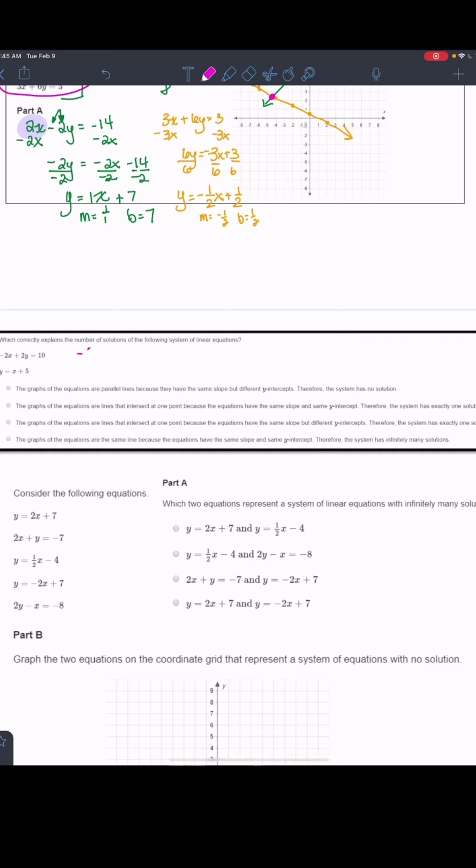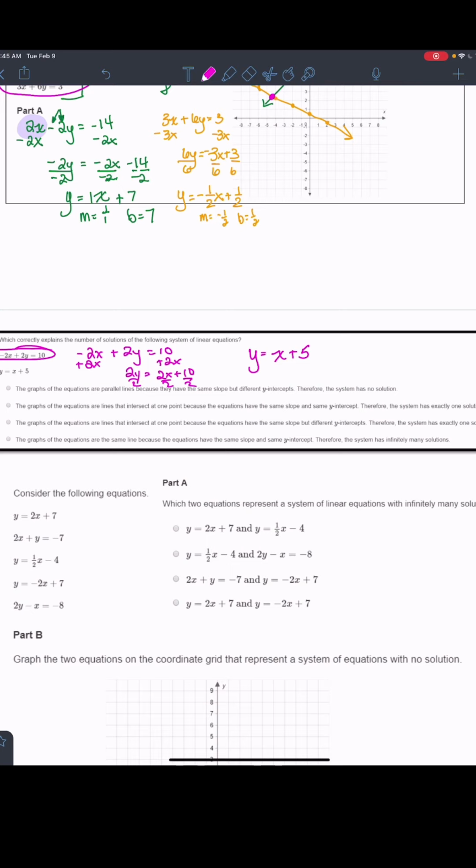If I took this equation and solved for y, I'd add 2x, I get 2y equals 2x plus 10, divide by 2, I get y equals x plus 5. So this first equation actually matches the second, correct? Meaning it's the same line. So think about what happens when you graph a system and it's the same line. Right, there are infinitely many solutions.